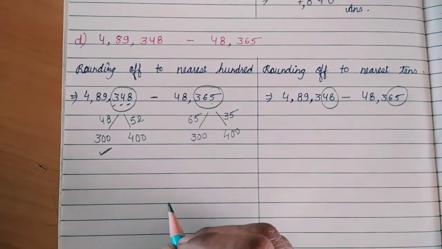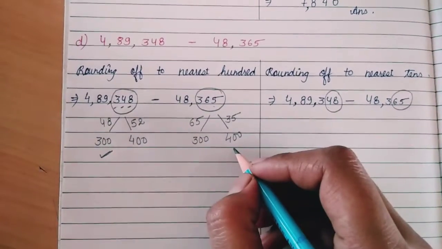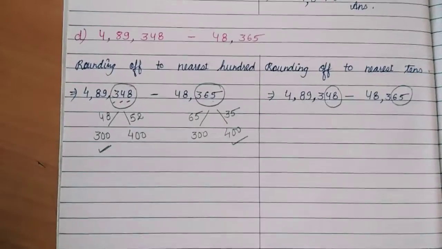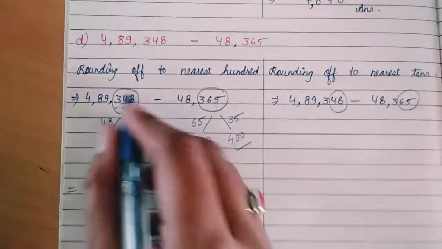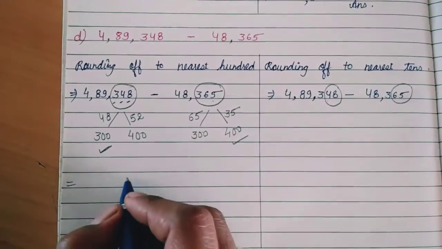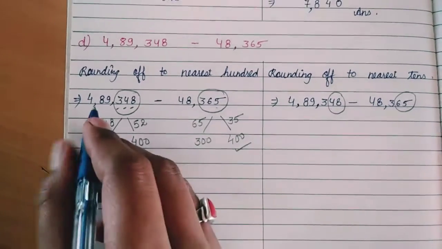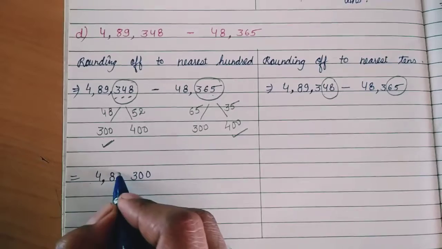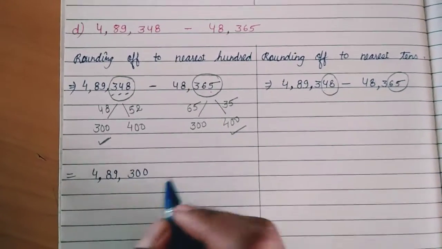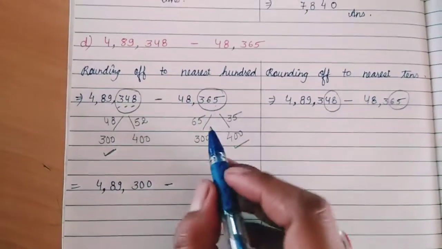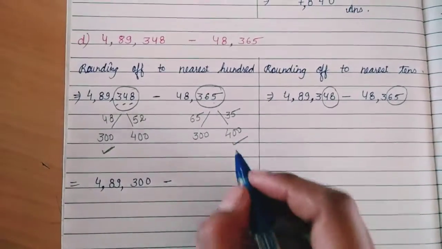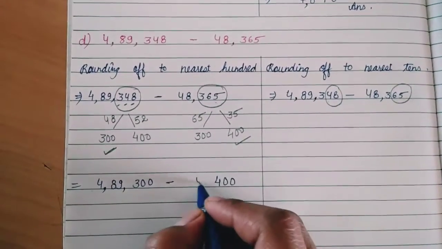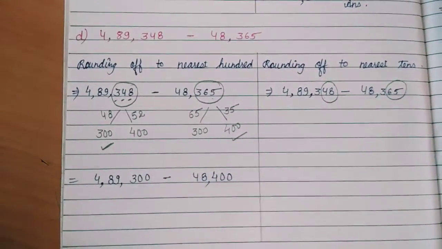Where did we get fewer steps? We got fewer steps from 400, so we will choose 400. Okay, so in the place of the circle we will write here 300, and the previous number, which is 489, will come as it is: 4,89,300. And here in the place of 365 we will write 400, and 48 will come as it is.